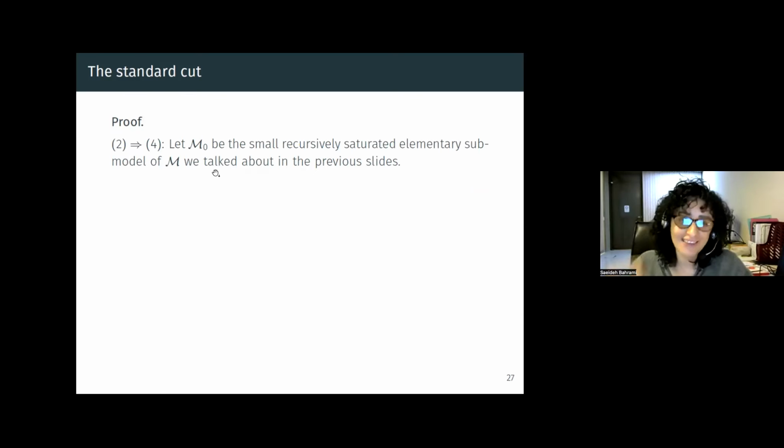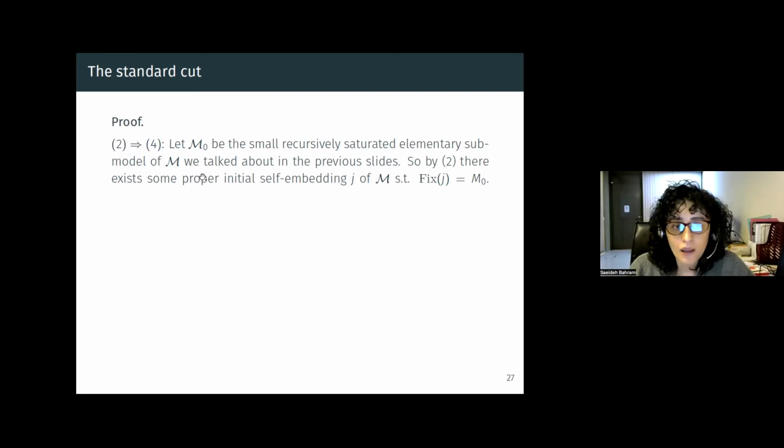Recall that when I was talking about properties of small submodels, I said that Kotlarski and Schmerl proved that whenever we have a recursively saturated model of Peano arithmetic, there exists some small recursively saturated elementary submodel of M. So by statement 2, there exists some proper initial self-embedding J of M such that Fix of J is M0, because it is small and an elementary submodel.